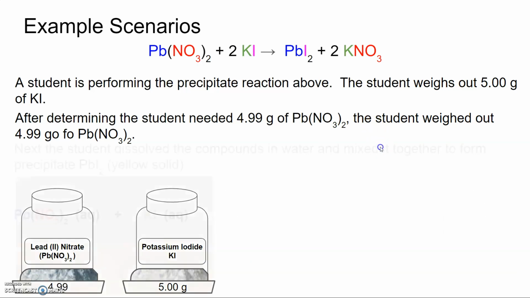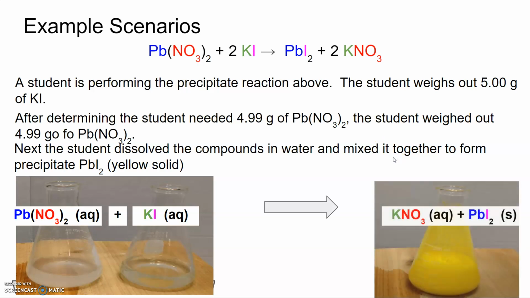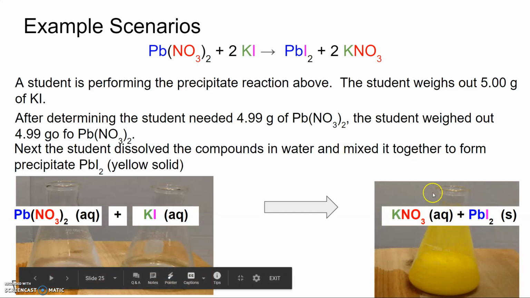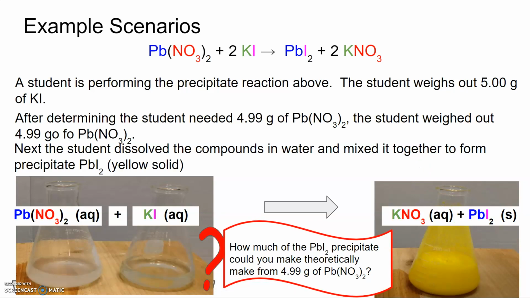Now the student dissolves the 2 compounds in water to make a solution, and then mixes it together to form the lead iodide, which is that yellow solid precipitate. So that yellow stuff in there. And now what they're asking is how much lead iodide precipitate could they theoretically make from 4.99 grams of lead nitrate?